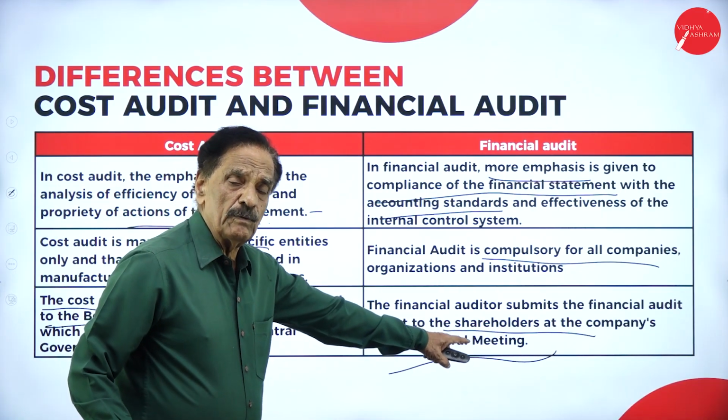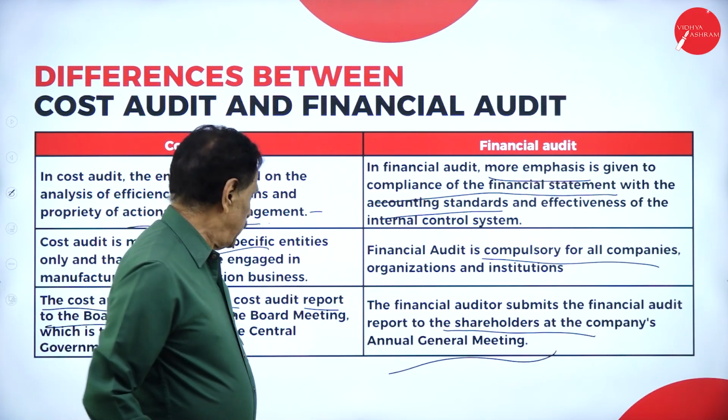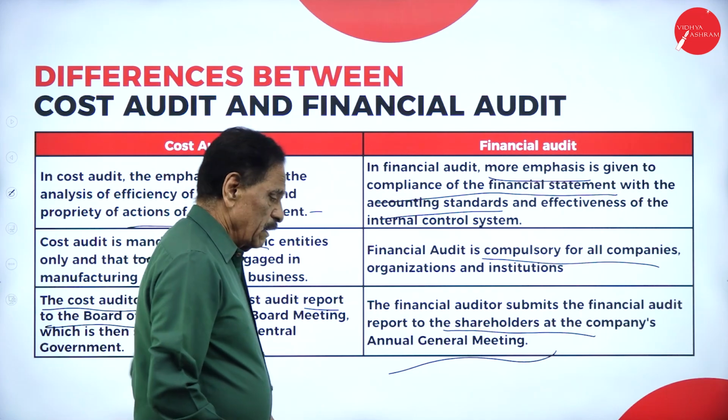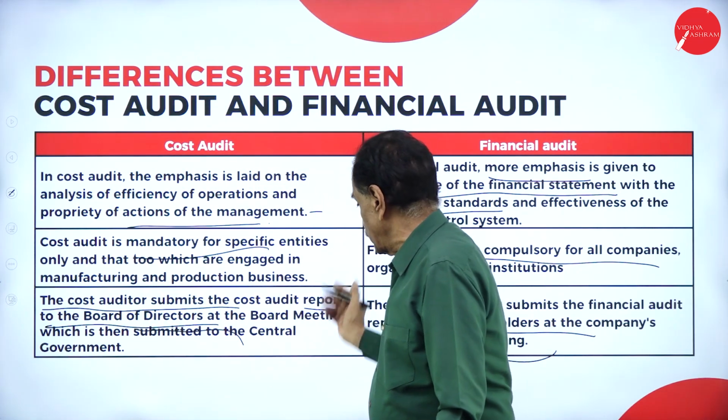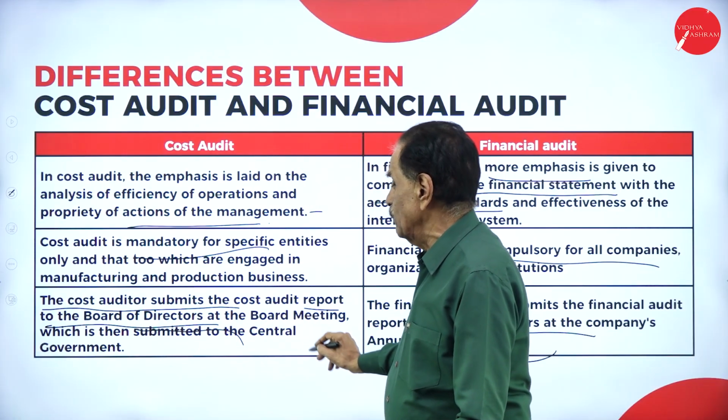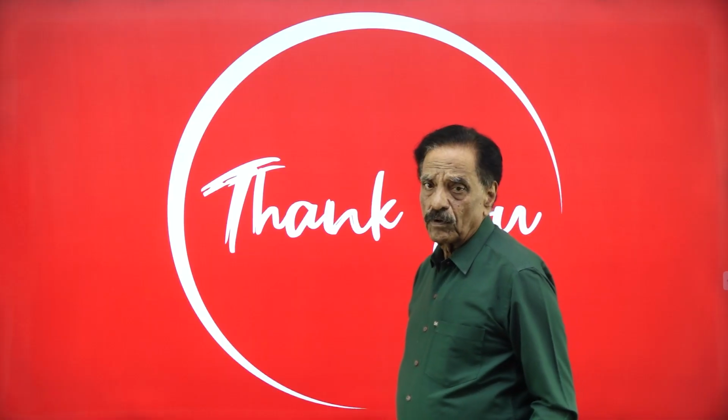This is important. The financial auditor submits to shareholders in the annual general meeting. The cost auditor submits to the board of directors at the directors' meeting, which is then submitted to the central government. Hope you understand.